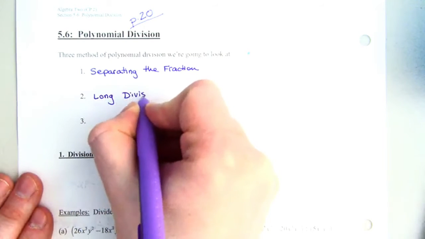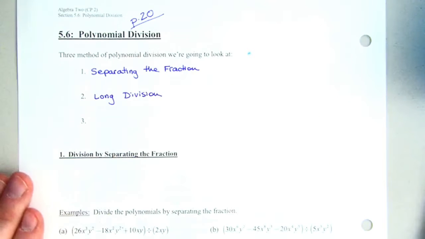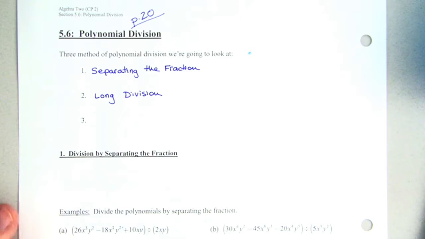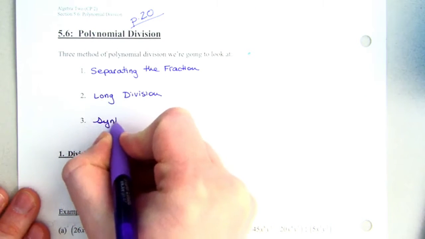That should also sound familiar, not so much from this year, but from third grade or fourth grade. We're going to see that polynomial long division will look fairly similar to the long division that you learned back in third and fourth grade. Our final method, which we're going to save for tomorrow, is called synthetic division.